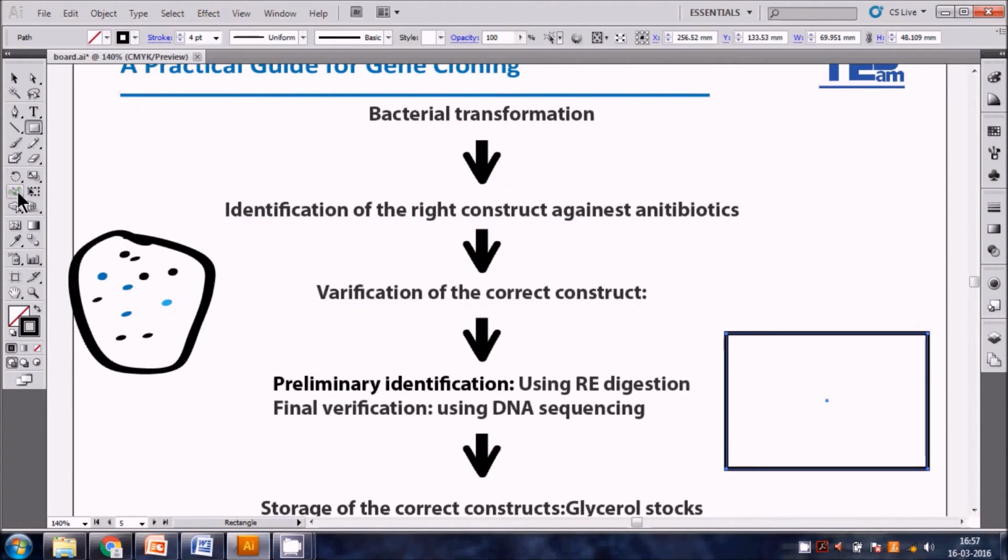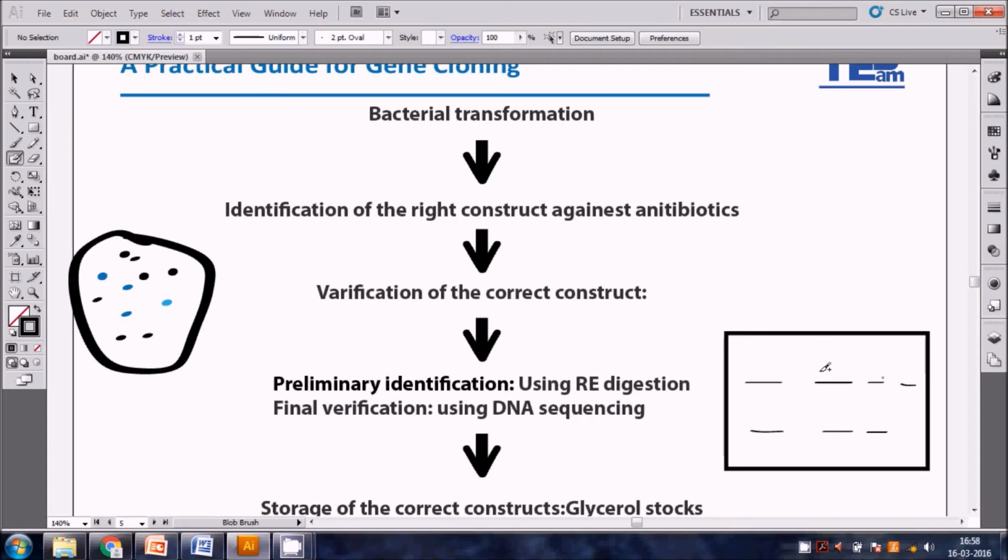Then what you will identify here is that, for example, if there are 4 constructs, 3 of them will show restriction products. Out of these 4, only these 3 give you 2 fragments after restriction digestion, one for the vector and another for your gene of interest, and the 4th one might just be a false positive result. So now you will only concentrate on these 3.